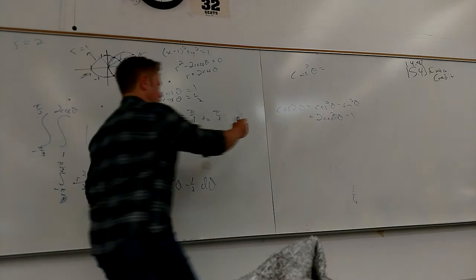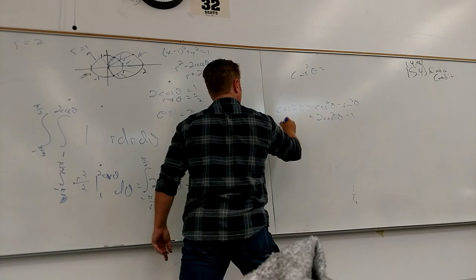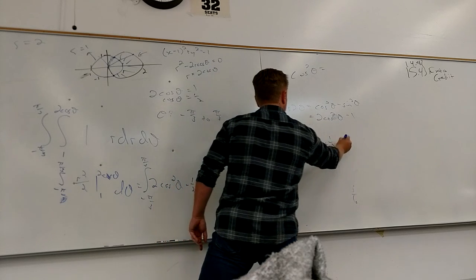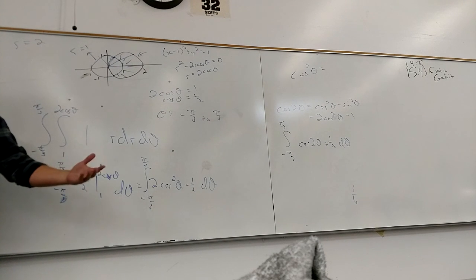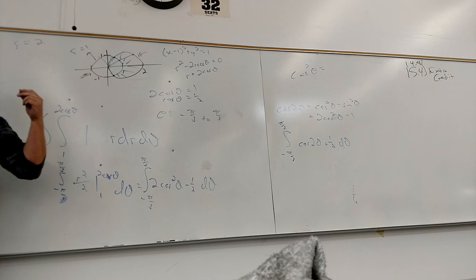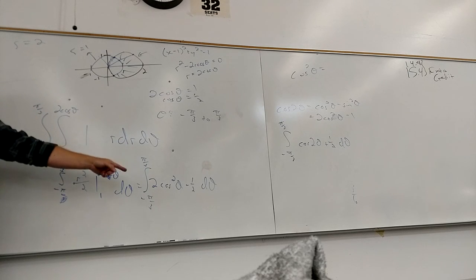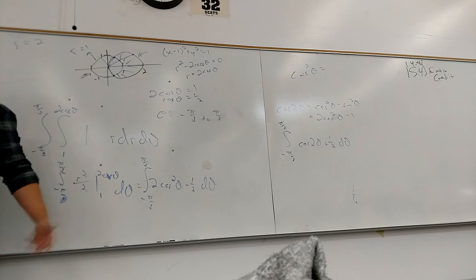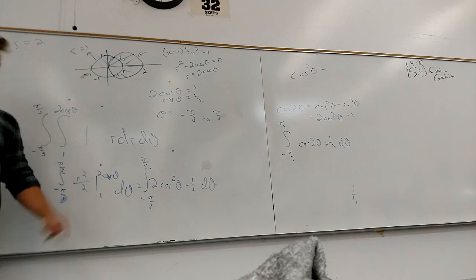So this becomes the integral of cosine 2 theta plus a half. Why is that better? Because you can integrate it. Integrating a squared function is always harder than integrating something with a 2 inside. That's linear in theta, that's easy. This is not linear.